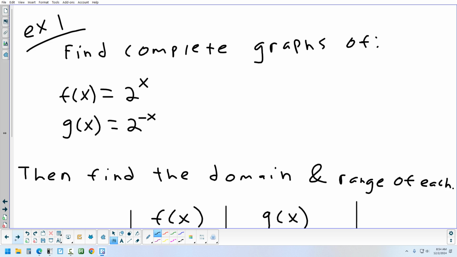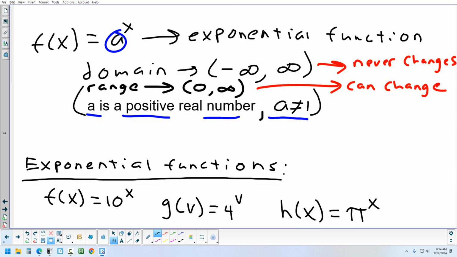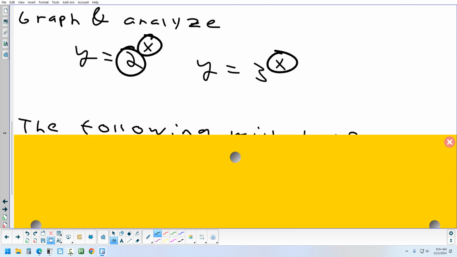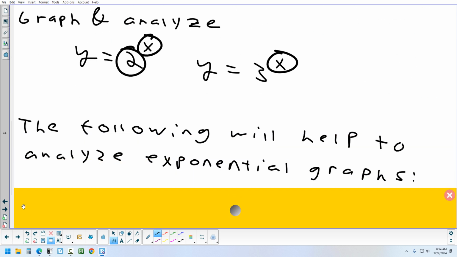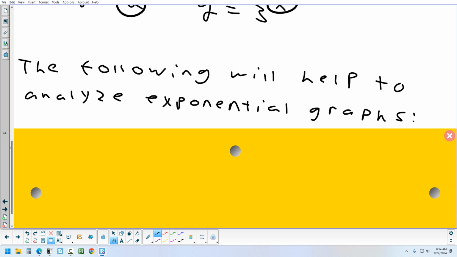To compare these two, we don't want to have this negative here. So I'm going to show you how you can write something that's exactly the same, but it doesn't have a negative. Because that negative is going to mess us up. So this is what's going to help us to analyze graphs when there is a negative in the exponent. We're basically just going to get rid of it by doing this.